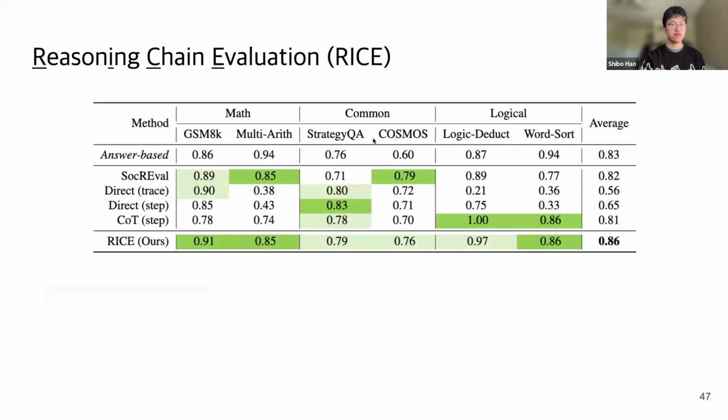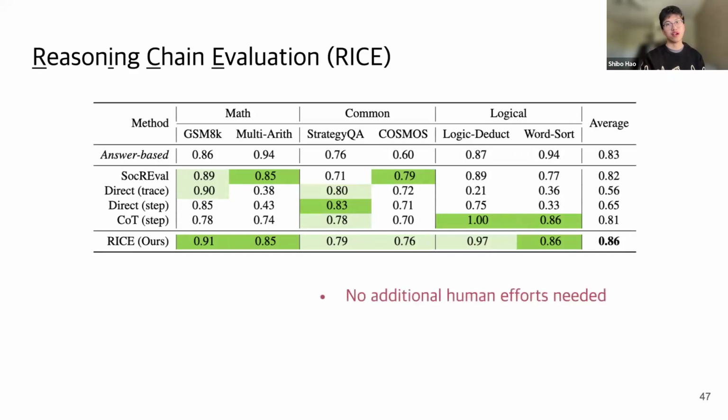So we did some experiments, and the setting is we use some human labels of reasoning chains, binary labels of whether it's correct or not, and compare the decisions given by different evaluation metrics against the human labels.